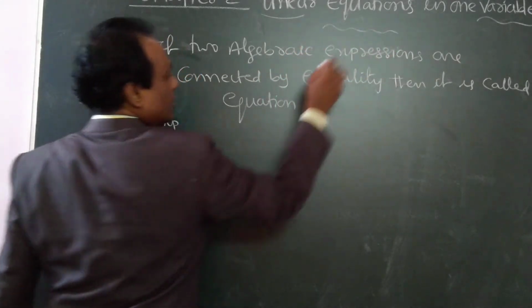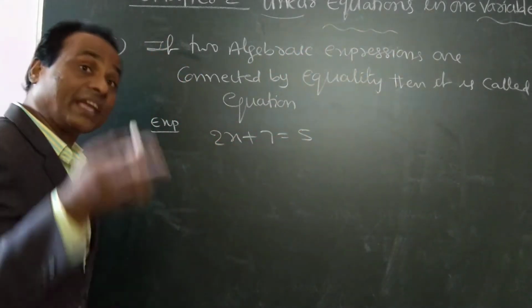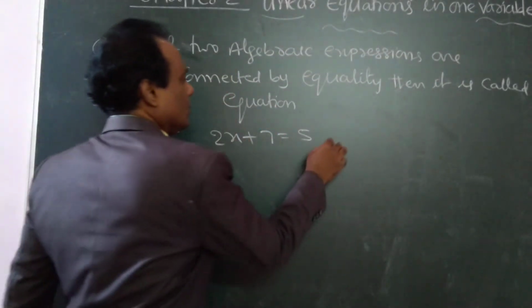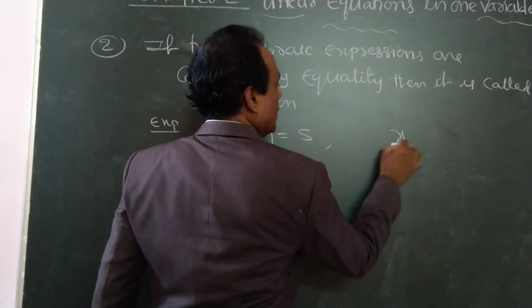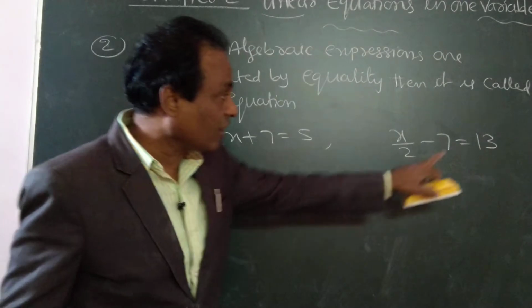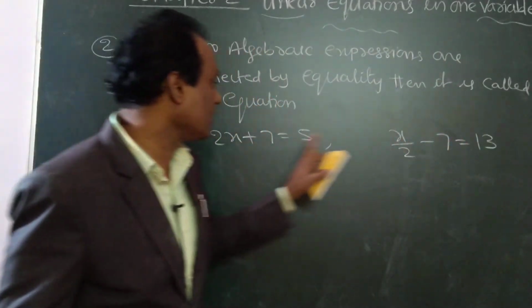What is an equation? 2x plus 7 is equal to 5. This is an equation. Why is it an equation? Whenever an equal symbol is there, it is an equation. See here, x by 2 minus 7 is equal to 13. This is also an equation. Equation means there should be an equal symbol.